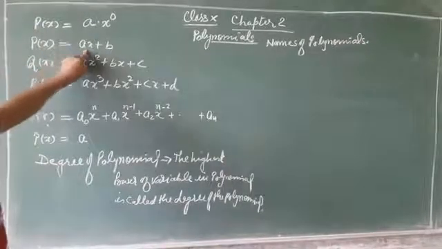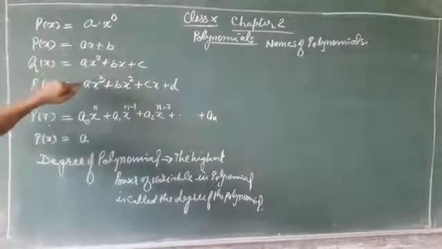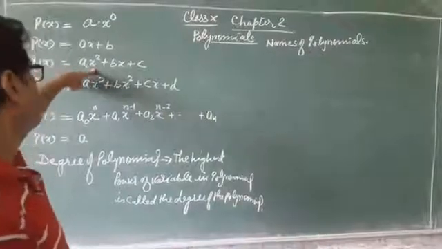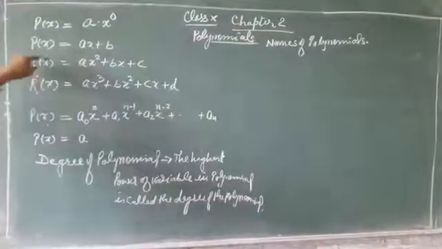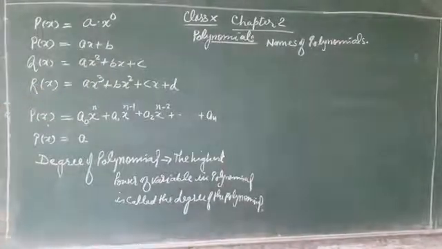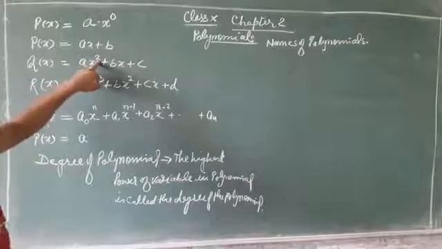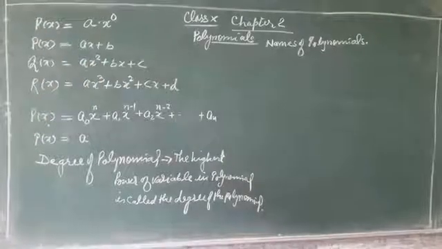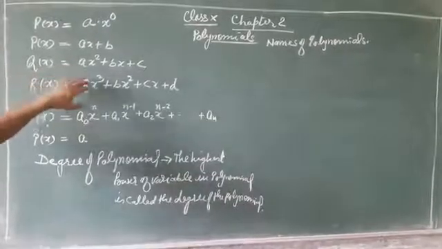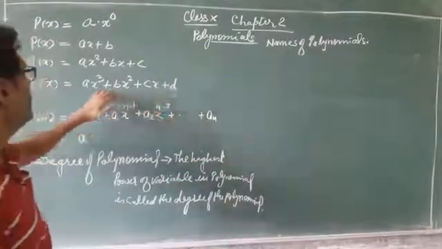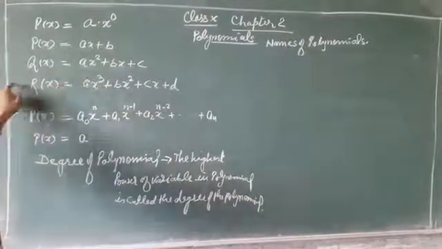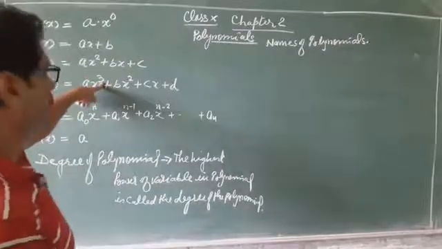And this polynomial is called a quadratic polynomial because the highest power of the variable is 2. And this polynomial is called a cubic polynomial because the degree of this polynomial is 3.